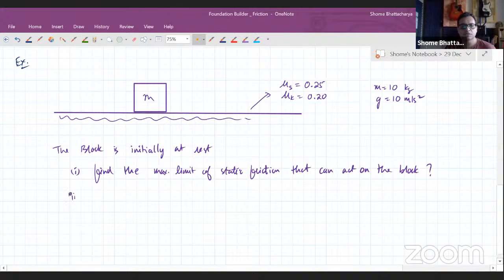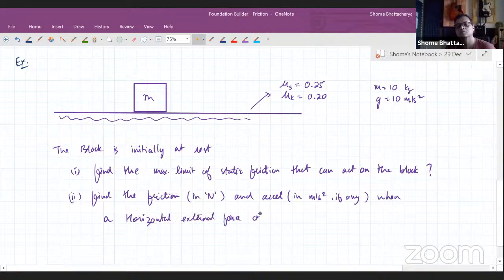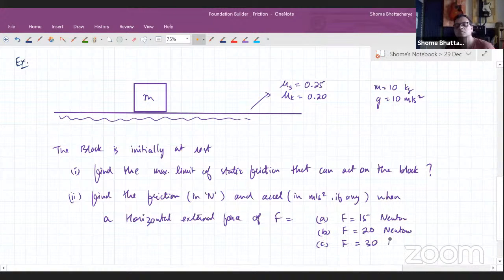Okay. And the second part we will see: find the friction, in newtons, and acceleration, in meters per second square, if any, when a horizontal external force of F equal to 15 newtons acts on it, 20 newtons acts on it, 30 newtons acts on it, and 35 newtons acts on it.